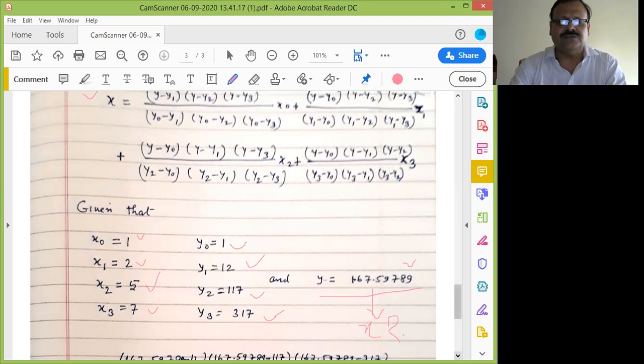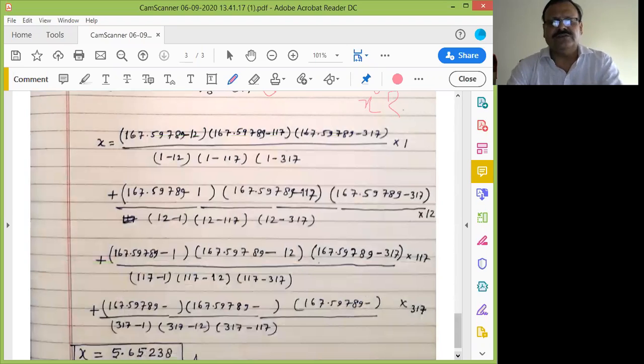So we substitute these values. Everywhere you will find the given y, fixed everywhere.